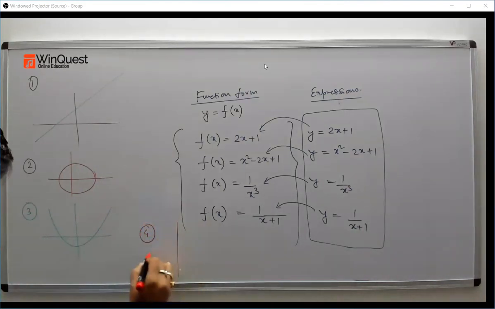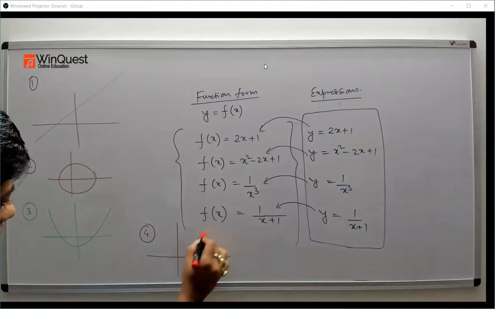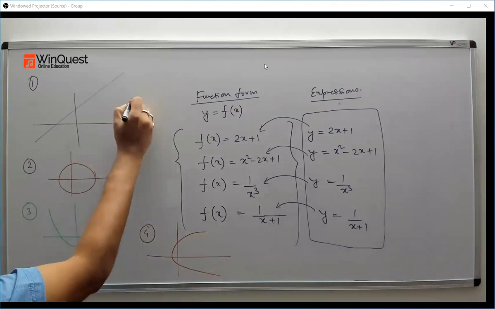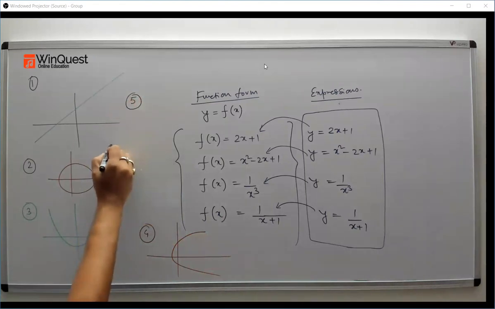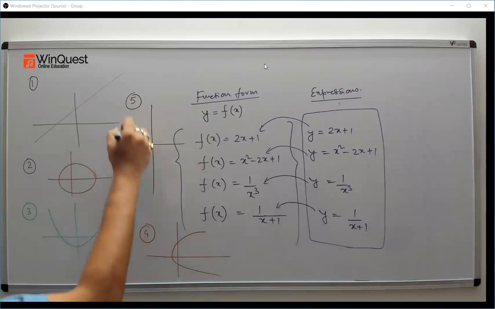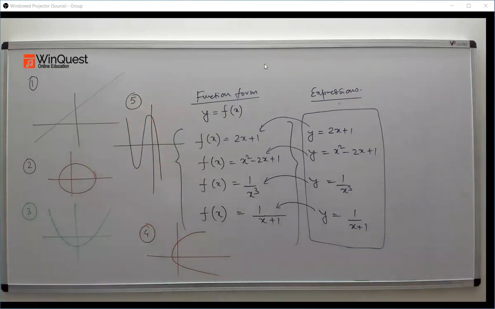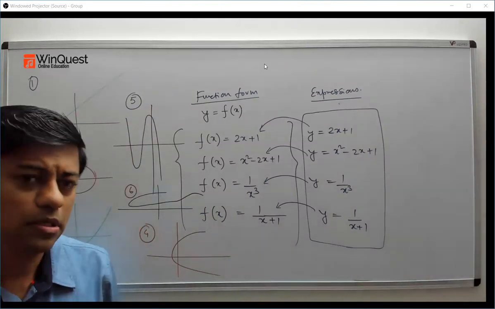It has a parabola like this. Number 5. It has a representation like this. And graph number 6. It has a representation like this. But there are 6 different types of representation.